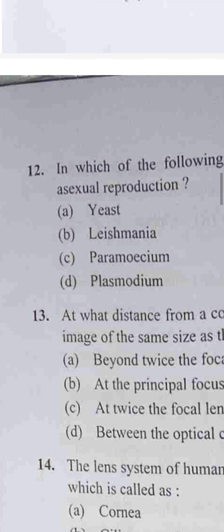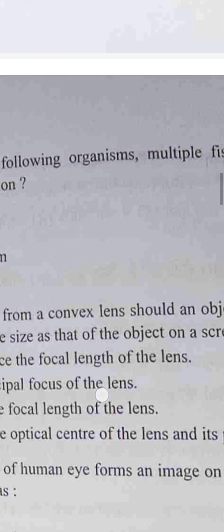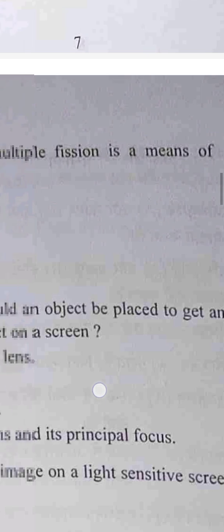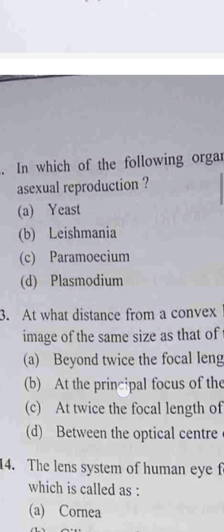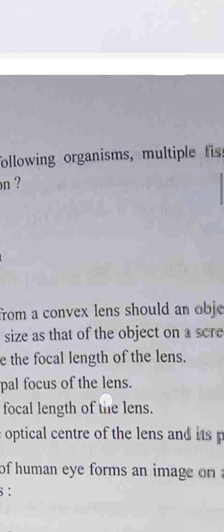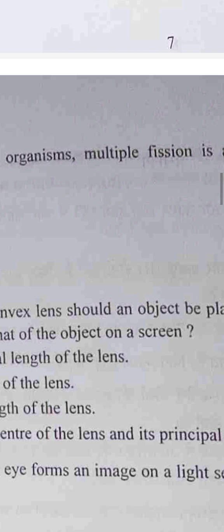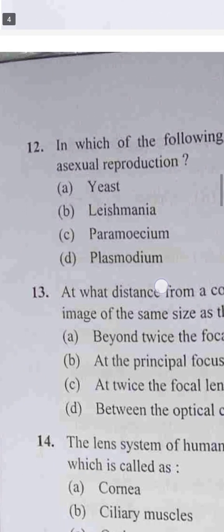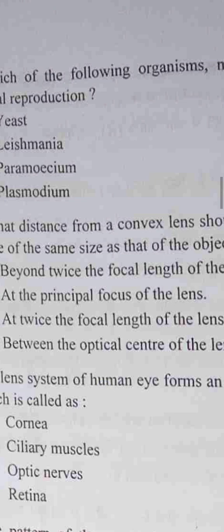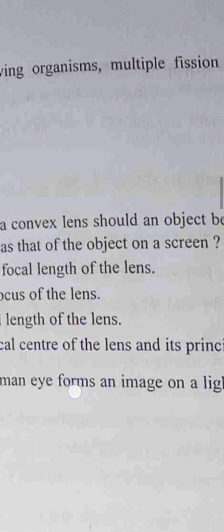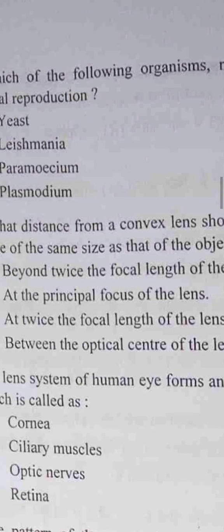Next, question number 13. At what distance from a convex lens should an object be placed to get an image of the same size as that of the object on a screen? If you see in a convex lens, the object should be at which position? Beyond twice the focal length of the lens? No. At principal focus?